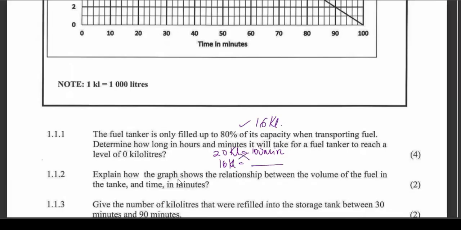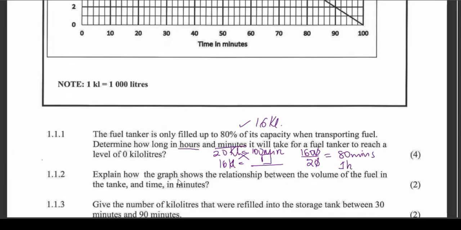So we shall cross multiply, whereby we shall get 1600 divided by 20. Remember, we are looking for this empty. So when you divide this, we remain with 80. These are minutes. The answer is needed in hours and minutes. So a full hour takes 60 minutes.